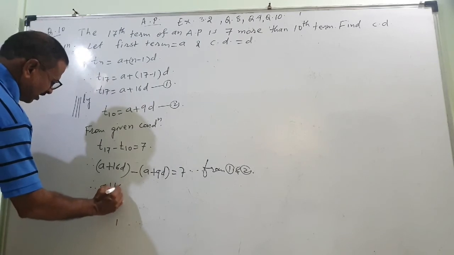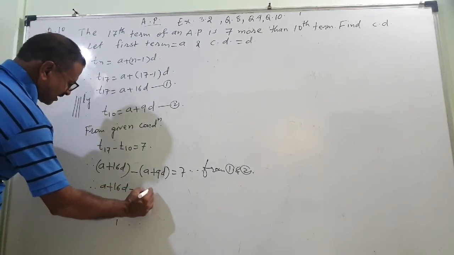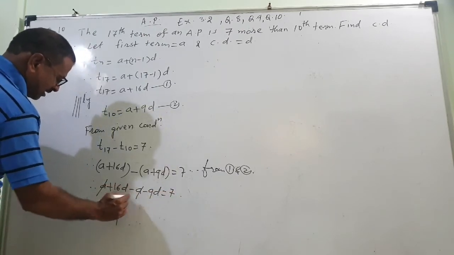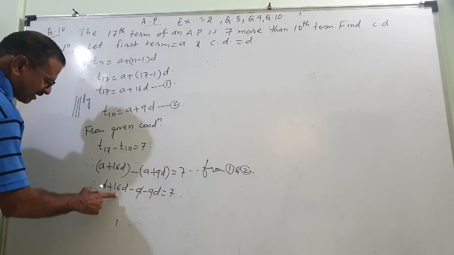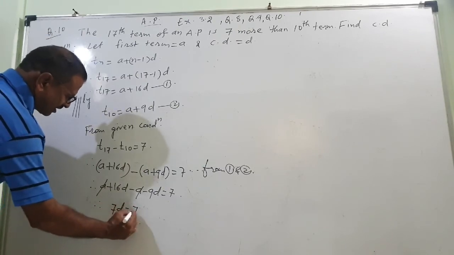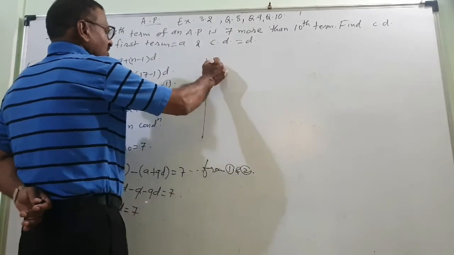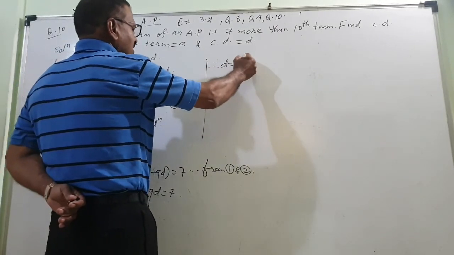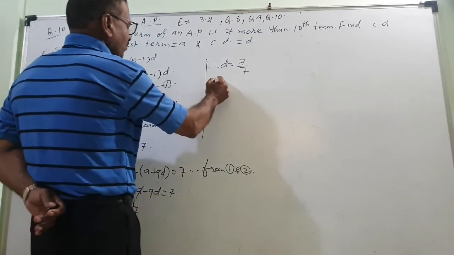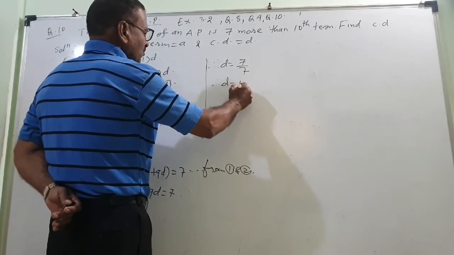A plus 16D minus A minus 9D is equal to 7. This A cancels. Therefore, 16 minus 9, 7D is equal to 7. Therefore, D is equal to 7 upon 7. Therefore, D is equal to 1. The difference is 1.